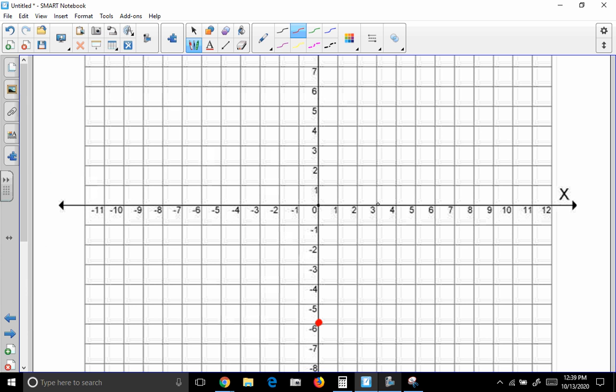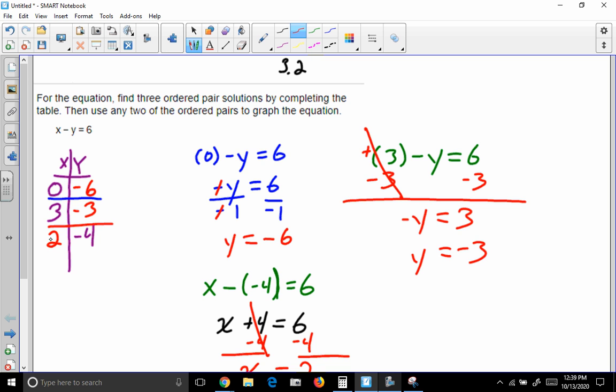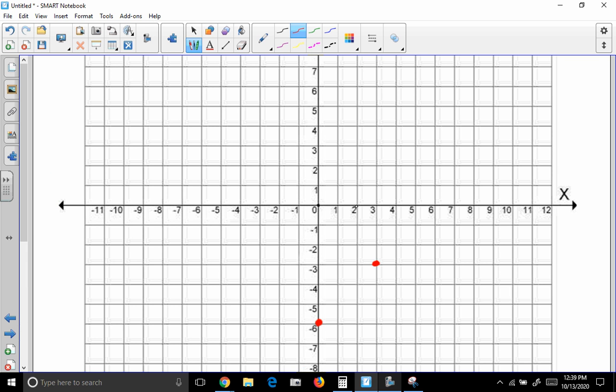So over 3, then down 3. And 2, -4, so go over 2, then down 4. Over 2, then down 4. And then we can just draw a line through those points. And we can extend it in both directions.